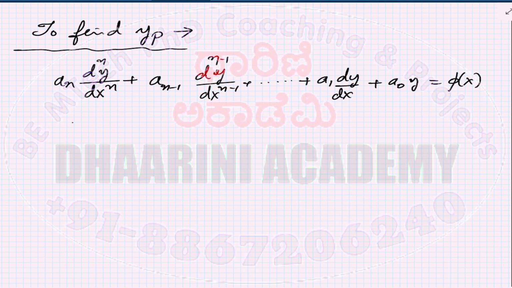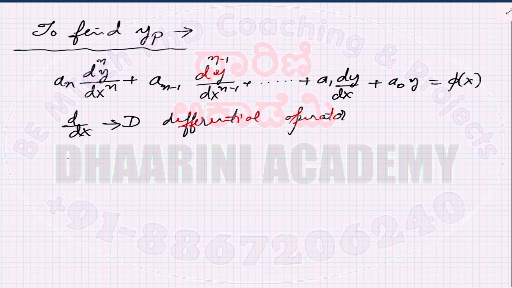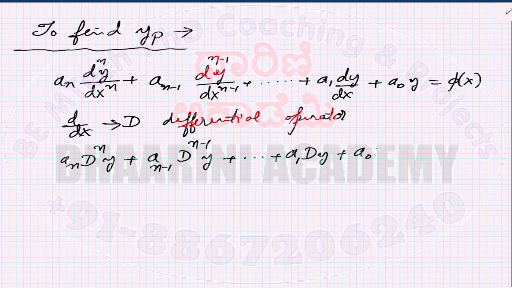So we know that we replace d by dx with D, a differential operator. We replace it so that you get an capital D to the n y plus an minus 1 capital D to the n minus 1 y, and so on, a1 capital D y plus a naught into y equal to phi of x.